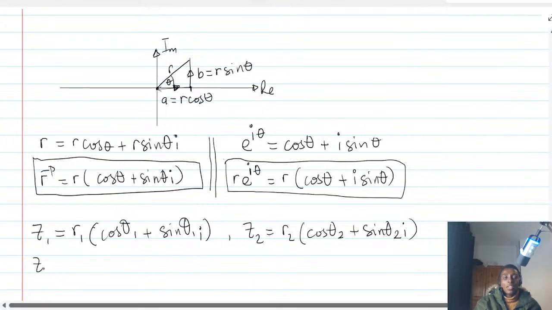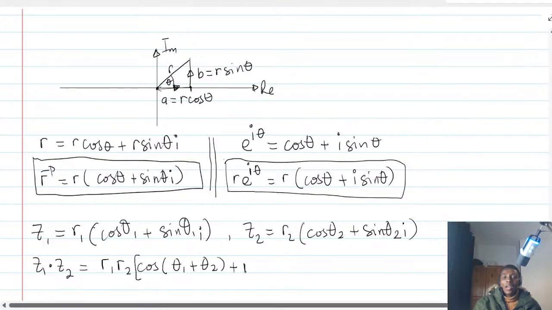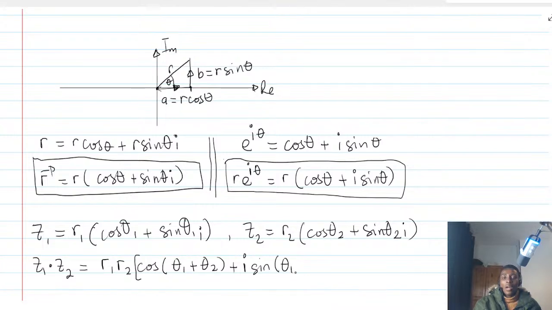So now interestingly, Z1 multiplied by Z2 will give us R1 multiplied by R2, and then cosine of theta 1 plus theta 2, okay, and then plus I sine theta 1 plus theta 2.